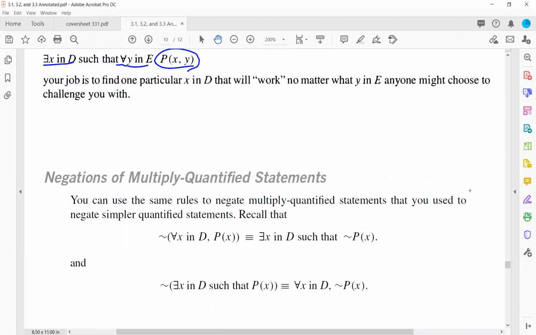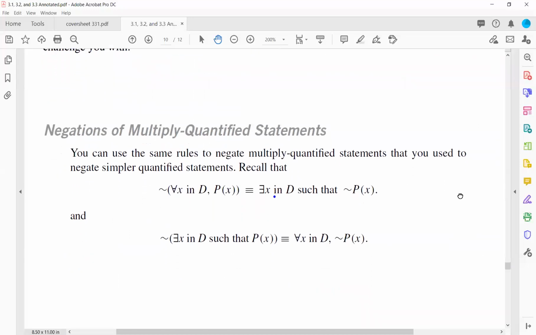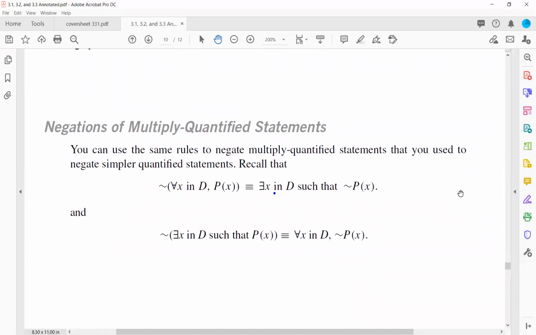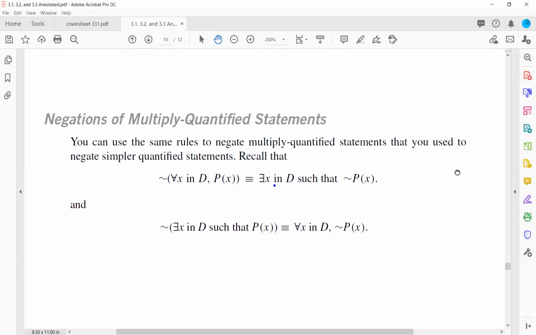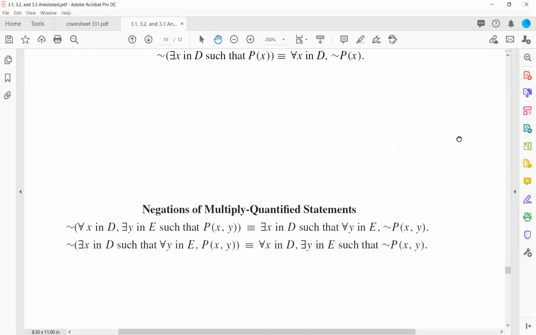So you are negating the universal quantifier and you get there exists, the existential quantifier, and the negation of the original statement, not P. And if you have an existential statement, the negation is for any, not P. But if you have both, there exists and for all in a statement.